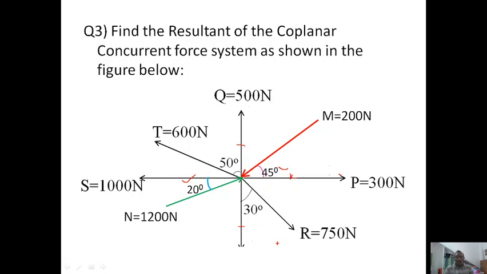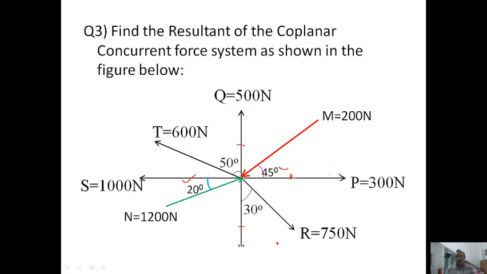So either you can use the method of sin and cos theta trigonometry as it is, and formulate Fx and Fy, or you can convert all the angles with respect to the x-axis only.